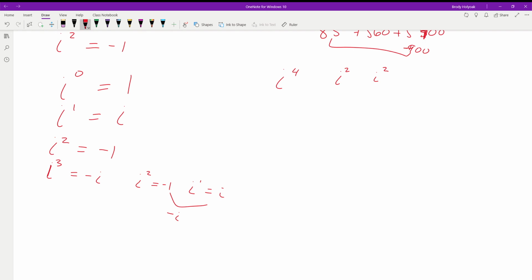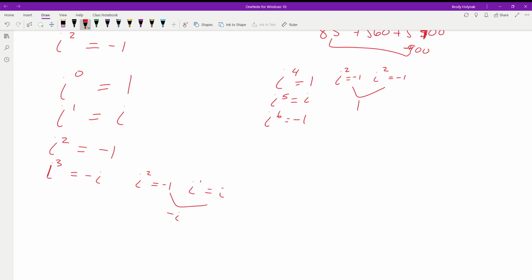What is i squared? -1. -1 times -1 is 1. i to the fifth is i, because we already know i to the fourth is 1, and we're adding another i in there. 1 times i is i. i to the sixth is -1. Yeah, so now it's in a pattern.